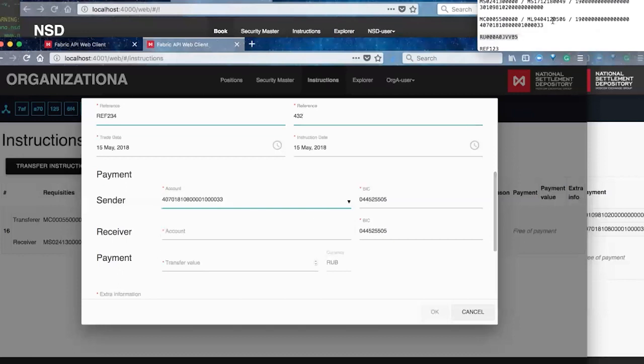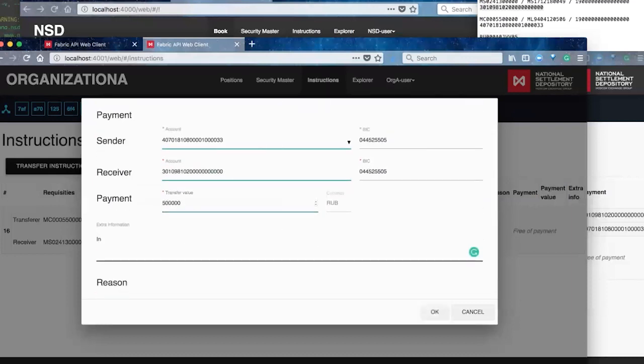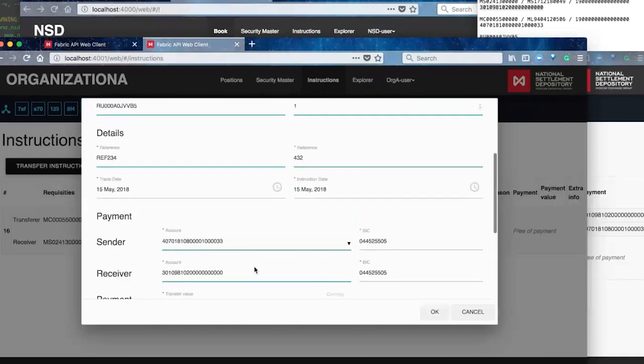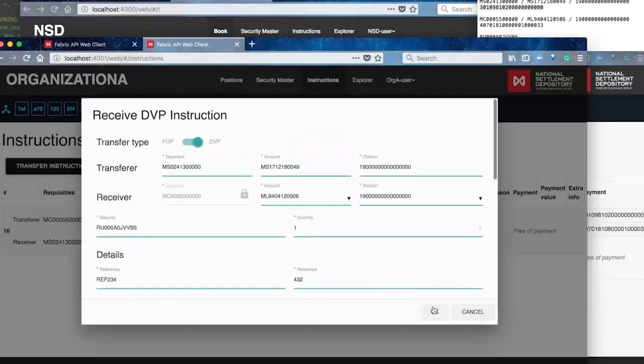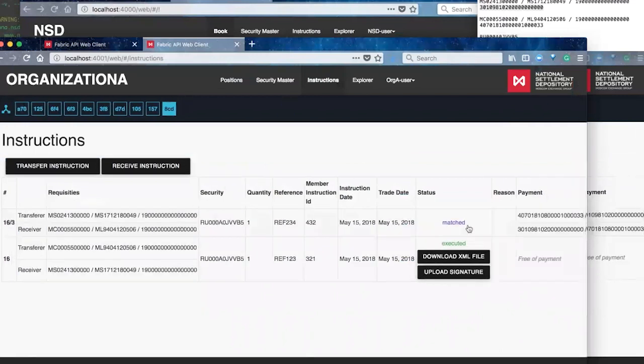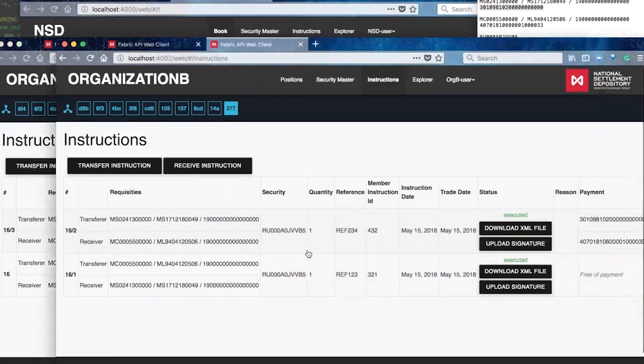So here's some of that additional detail required for delivery versus payment, matching that cash transfer that needs to occur. Again, it also needs to be 100% matched for the instruction chain code to validate the transaction request and process it. So we see matched there briefly as the transaction is processing, and then it moves to executed.